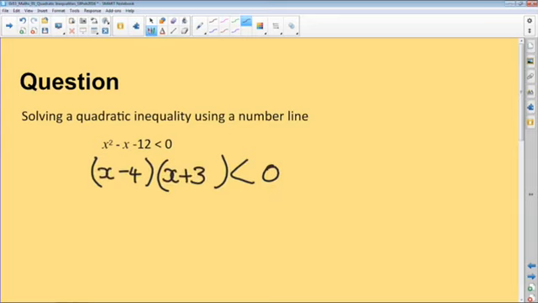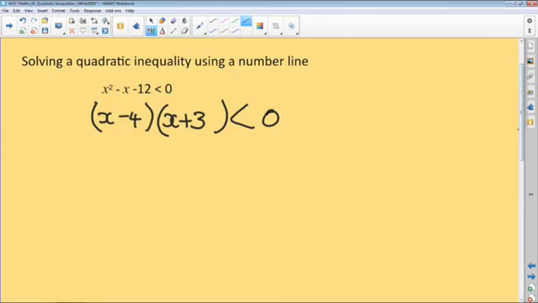Now, remember when you were solving, it was equal to 0. You could easily straight away say x minus 4 is 0 or x plus 3 is 0, and then you get your x equals 4 or x equals minus 3. But in this case, guys, you will have to use a number line, all right? Now, remember, we've got two solutions for this quadratic equation, or rather inequality.